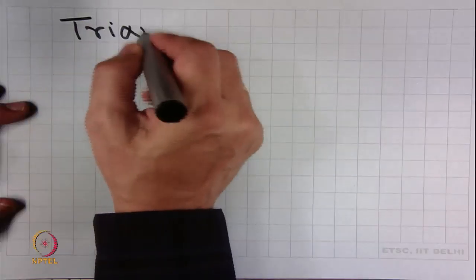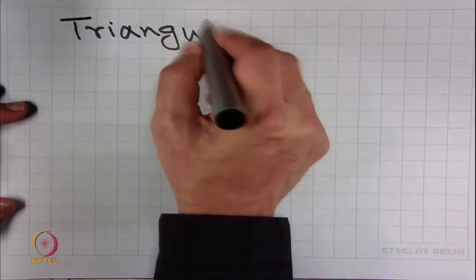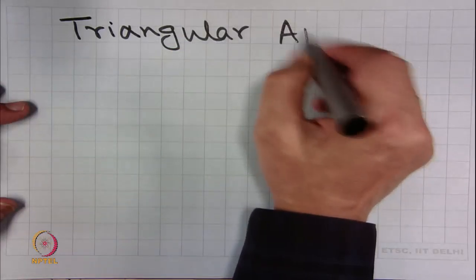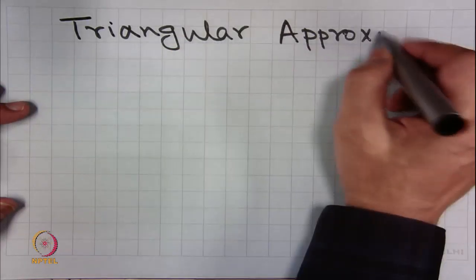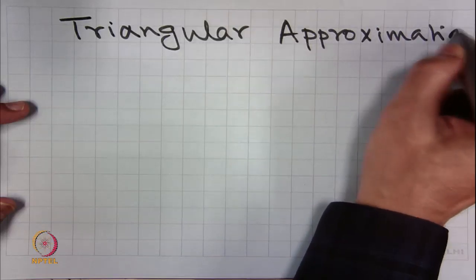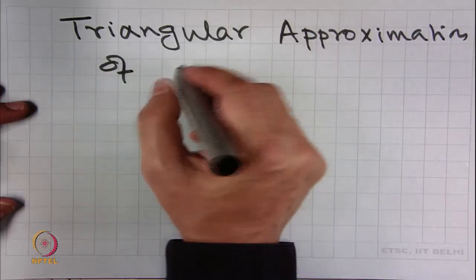Now, let me proceed with triangular approximation of fuzzy numbers.